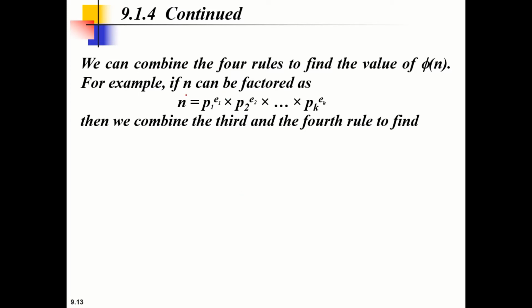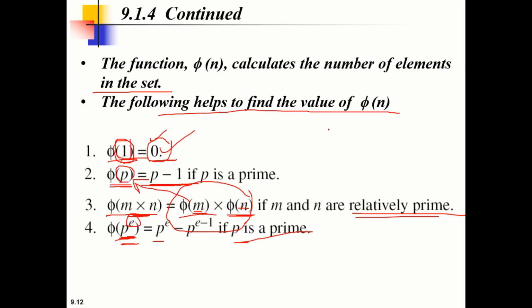So if n can be factored as this thing, like in a previous example I've shown you the example of 3600, in which we had multiple factors and those factors were having powers. So if we have such an expression, in that case we can combine the third and the fourth rule. So the third and fourth rule say this thing, right?